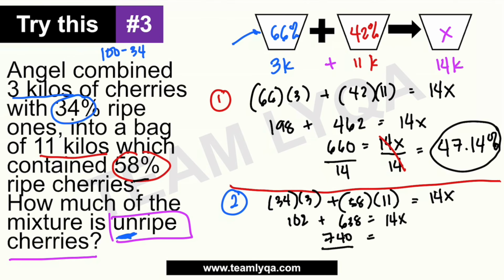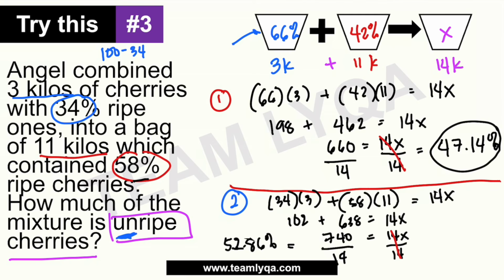over, tapos idiretso ko na ha para may space tayo. I-divide ko sila sa 14 pareho. Makakancel ito. Ang kalalabasan nito, okay, 740 divided by 14 is 52.86%.